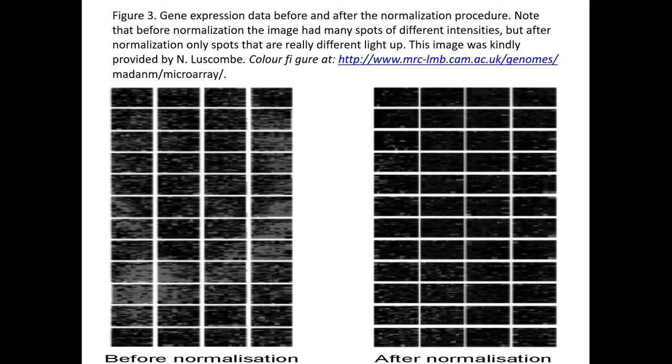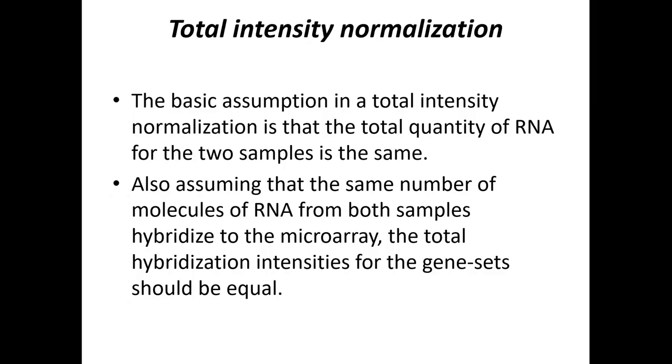After the normalization, you can see only the spots that are really different, that light up and show the intensity. This is the total intensity normalization method.